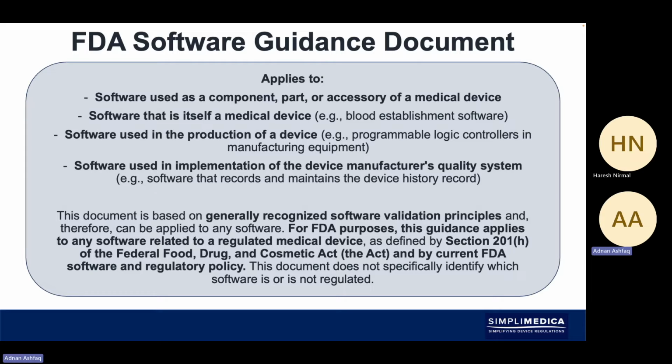So we're not interested in the first two, but definitely the next two: the software used in the production of a device and software used in the implementation of a device's manufacturing quality system. These are the two areas that we're covering in this webinar. The former two will be covered at a later date when we will be looking more at medical device software itself.